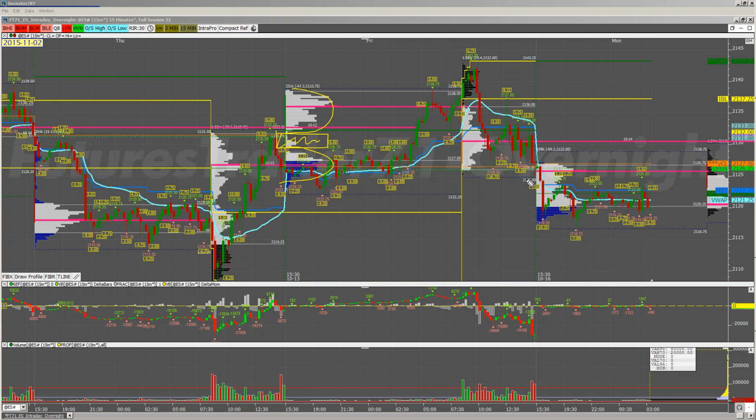I'm applying the same ideas to Globex, but I don't trade Globex and I don't weigh it as much as the regular trading hours. And the reason for that is Globex is not really an orderly auction. Globex is just continuously trading off of other markets.